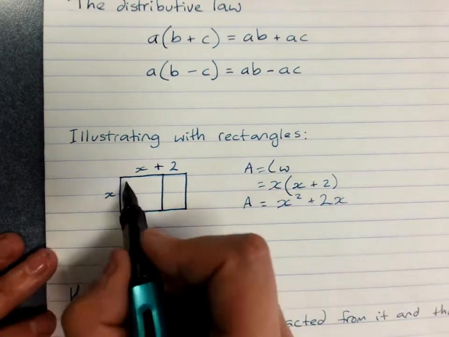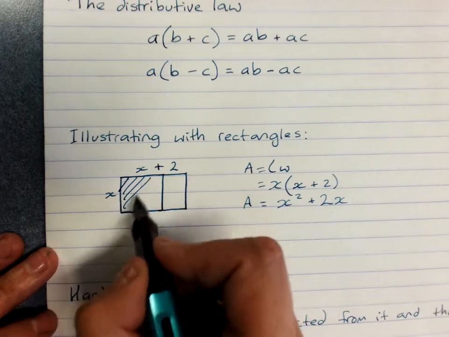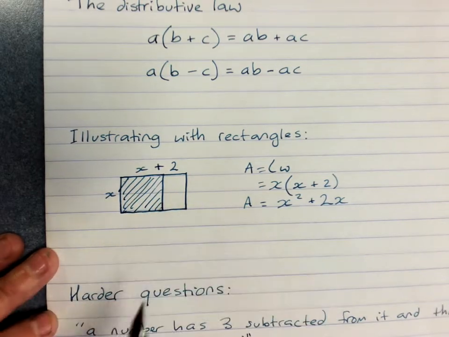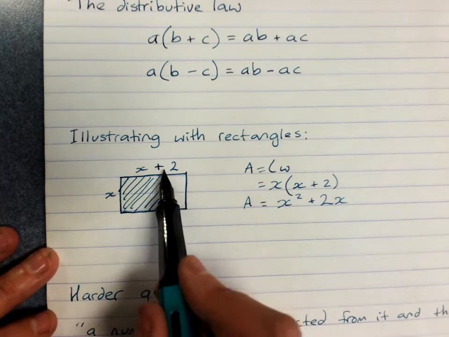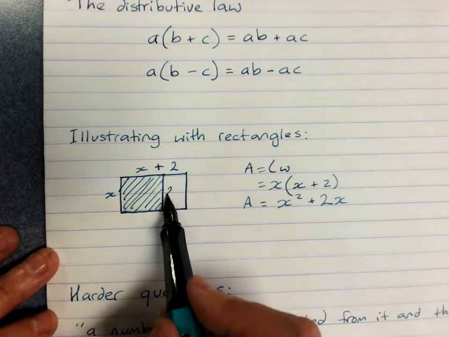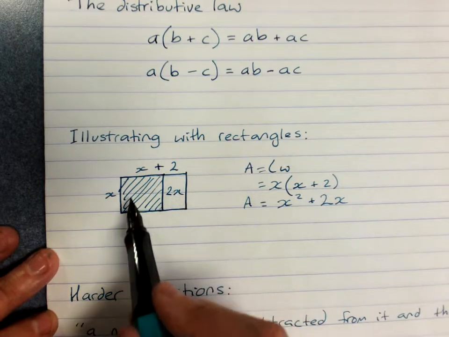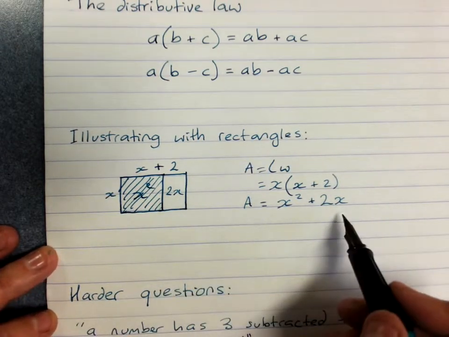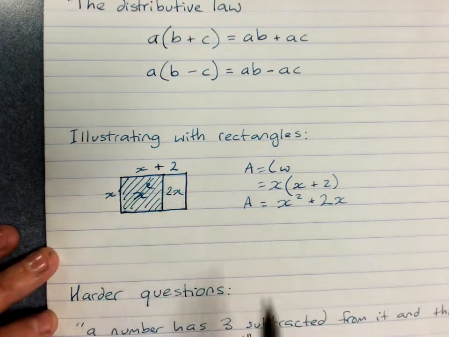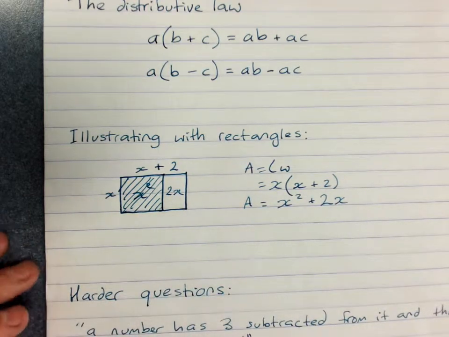And that makes sense because here is x squared, our original shape, and by adding 2 meters onto one side, I've added a new rectangle that's 2 times x, which is 2x. A bit hard to read there. So the expression quite clearly gets visualized in that sort of question.